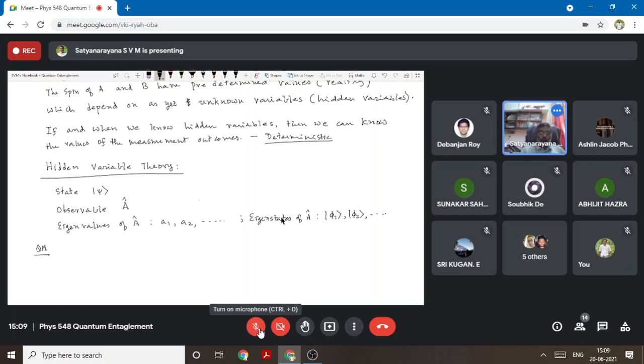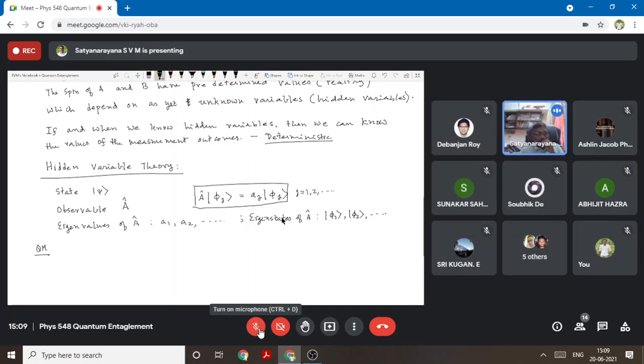So that means A acting on phi j will be equal to Aj phi j, where j is equal to 1, 2, etc. It can go up to infinity.